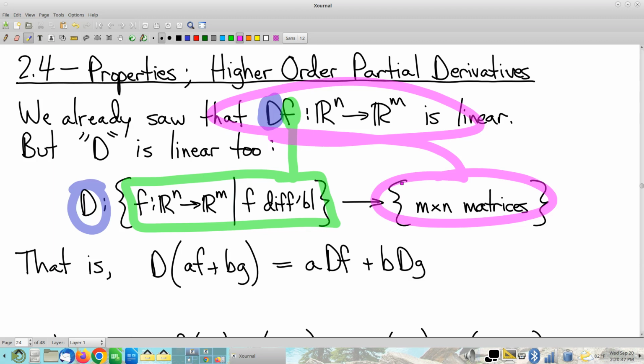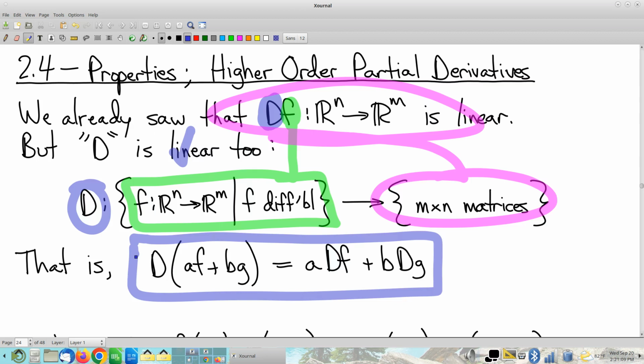This action of turning a function into a derivative matrix, this too is linear. So the resulting matrix is linear, but the action of differentiation is also linear. Here's the way to write that down. Notice this is just our standard definition of linearity.